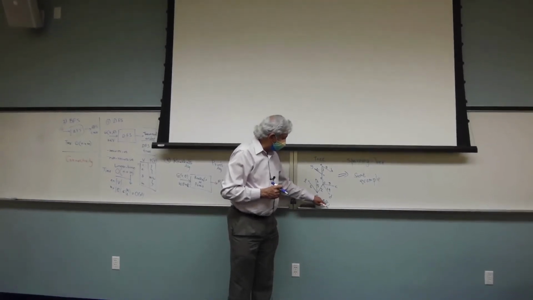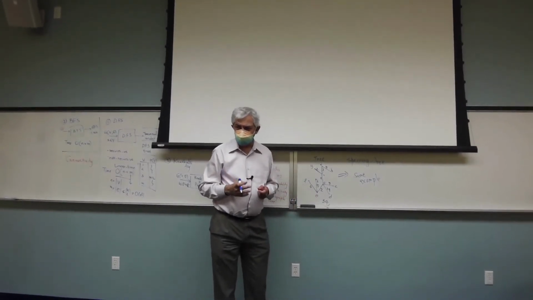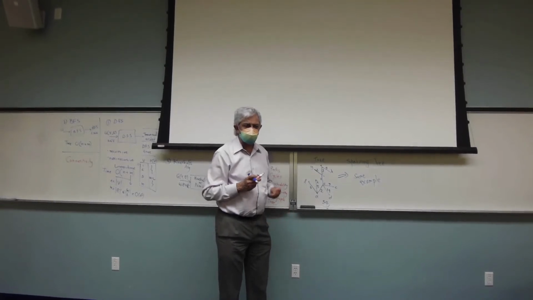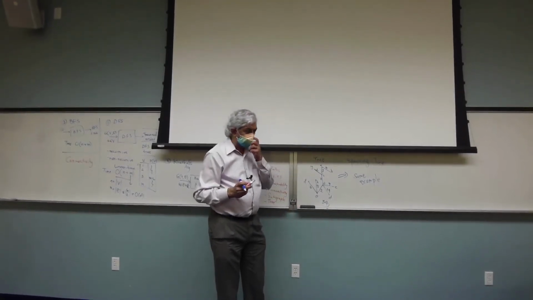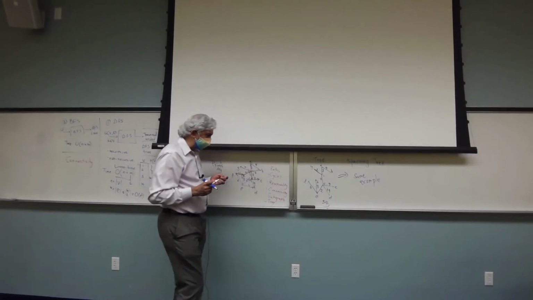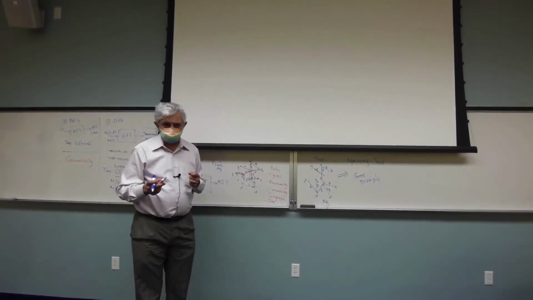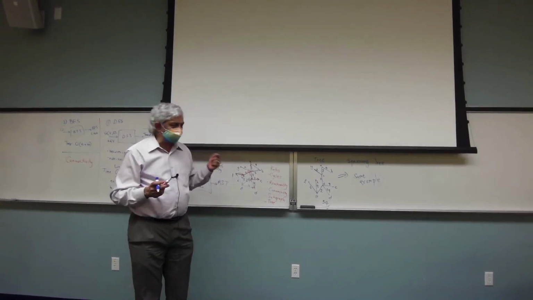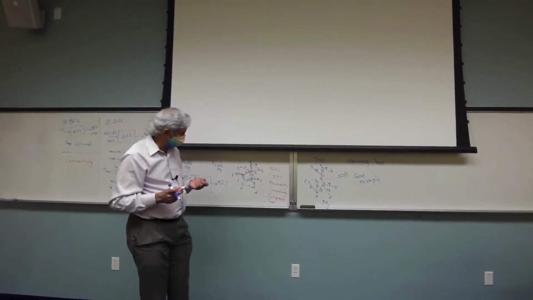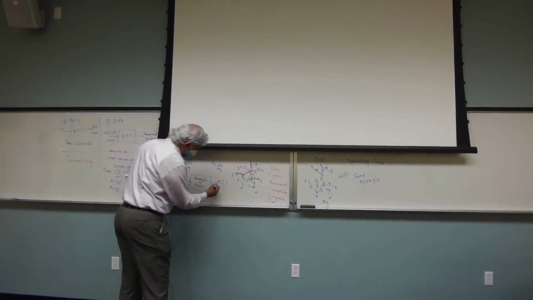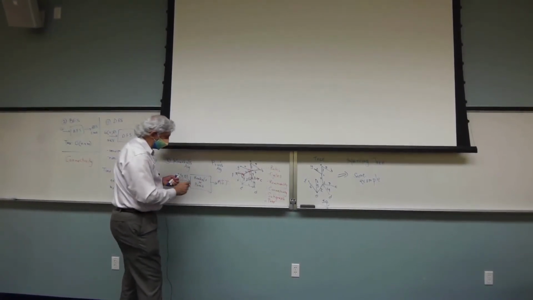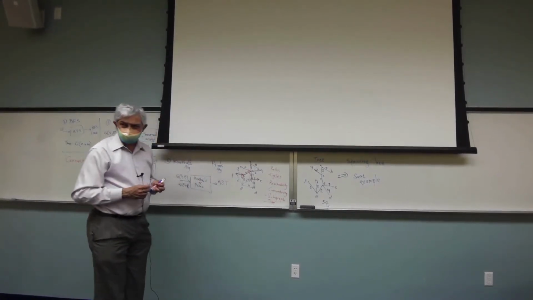The spanning tree with the absolute smallest possible weight is called the minimum spanning tree. Now, it's not a unique minimum spanning tree. It's possible that a graph has more than one minimum spanning tree, but they should all have the same weight. So a minimum spanning tree is a spanning tree of minimum possible weight.